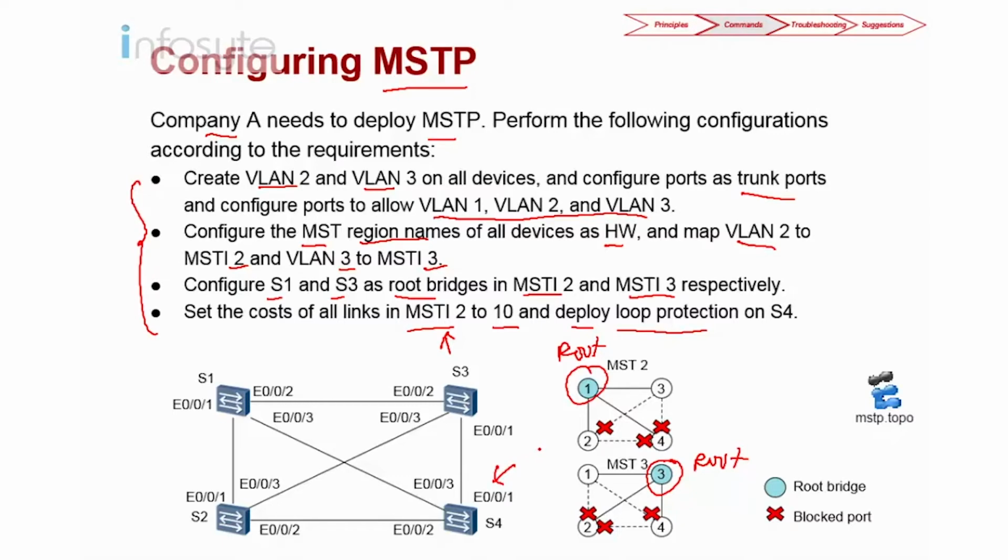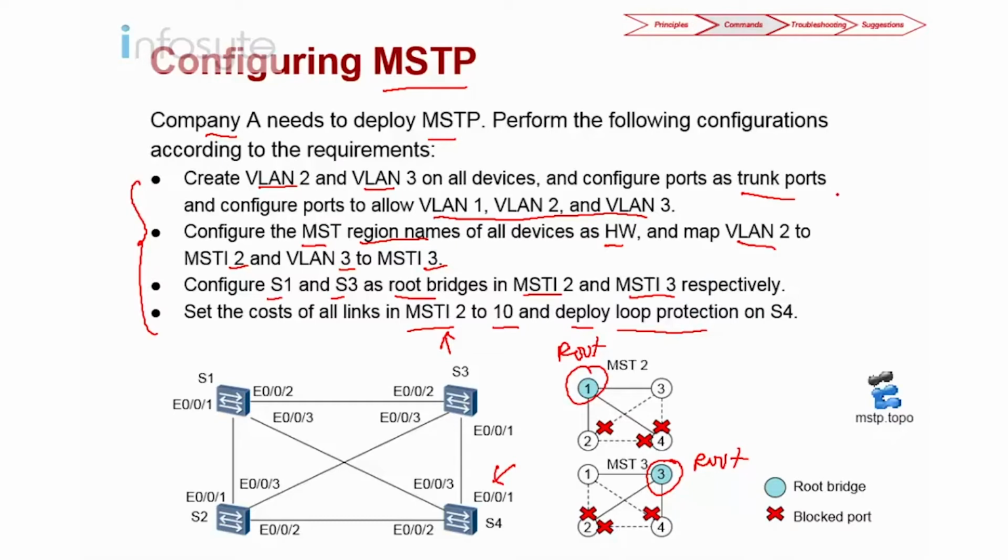Just remember that we have to configure the VLAN trunk, then configure the region, and all this MSTP configuration we are going to configure on all the switches. In this example we only configure one single region, so we don't have multiple regions and don't have to worry about the CIST. We just have to configure the cost and the loop protection. That's about it, so this will be the requirement.